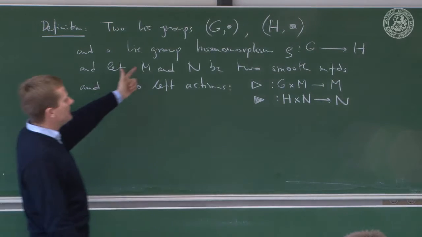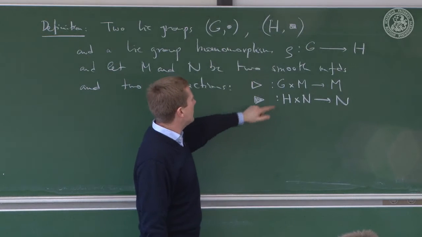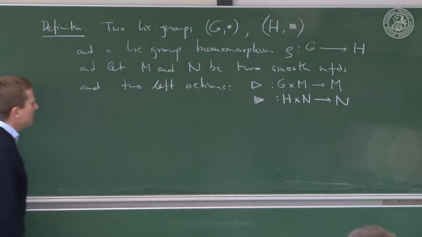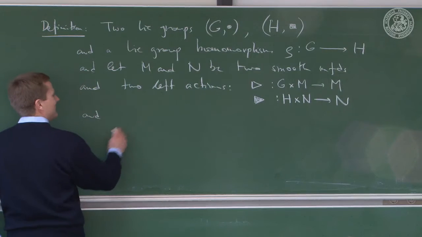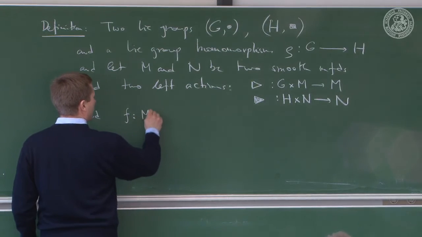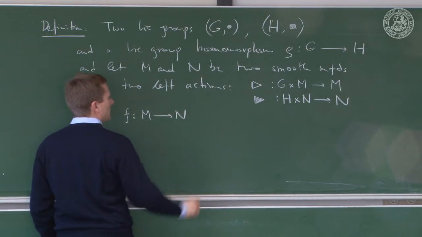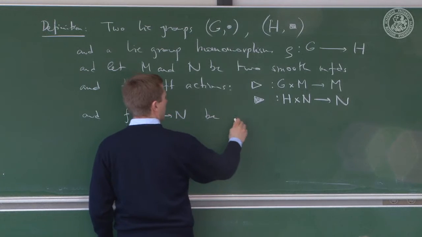Between the Lie groups you have a Lie group homomorphism and you have these two manifolds, and let F from M to N be a smooth map.